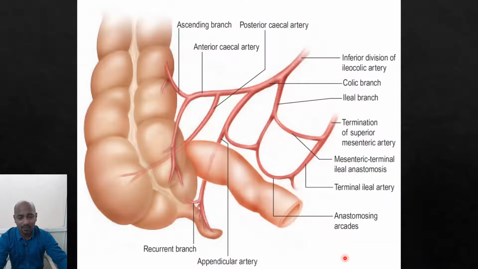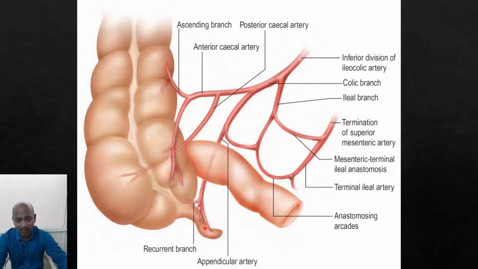Okay, so coming to the blood supply of the appendix, you can see this is the inferior division of the ileocolic artery. From the ileocolic artery, there is a direct branch going to the appendix, which is the appendicular artery.